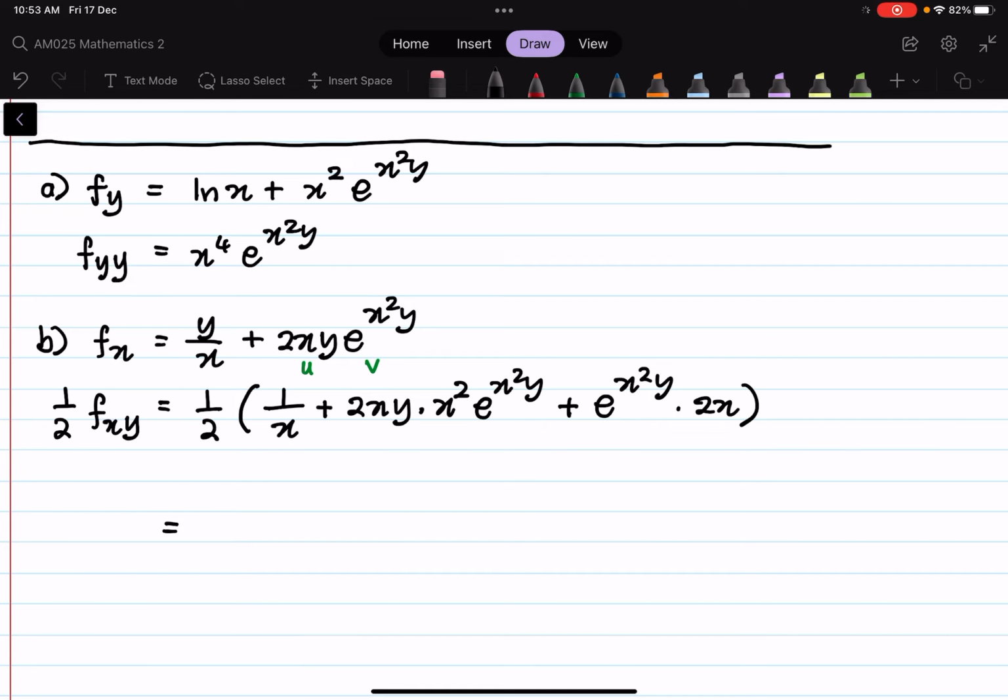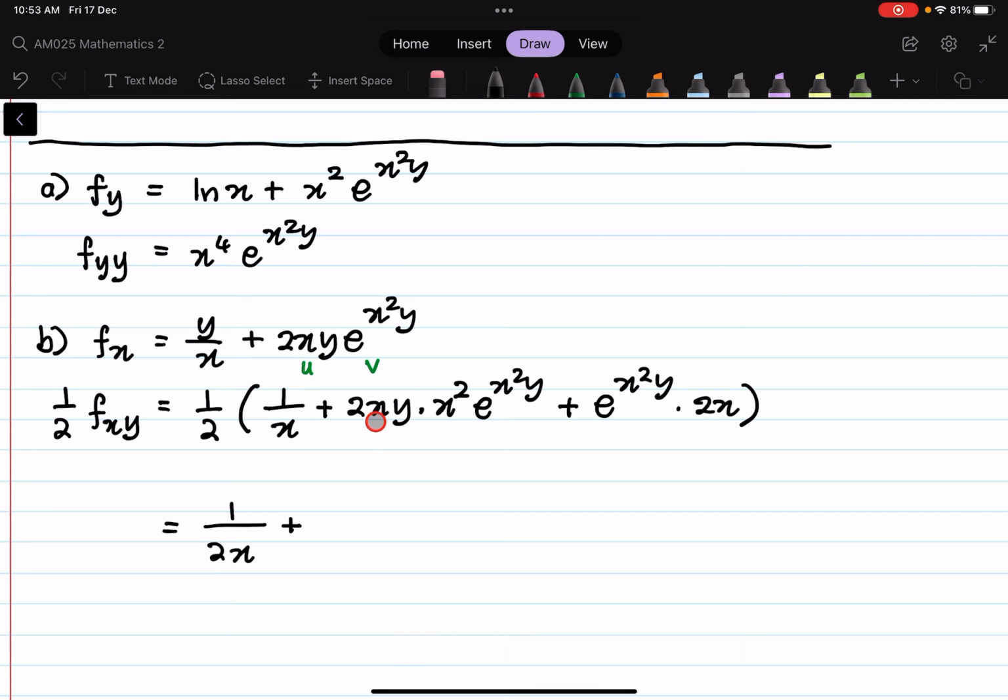Okay, so let us simplify this. So what we're going to get is, we need to expand. 1 over 2 times 1 over x is 1 over 2x, plus, so 1 over 2 times with 2xy x squared e to the power x squared y is 1 over 2 and 2 here is 1.